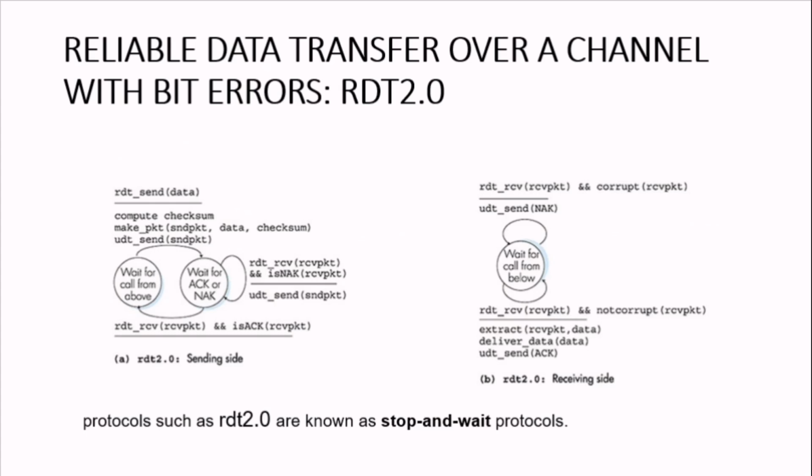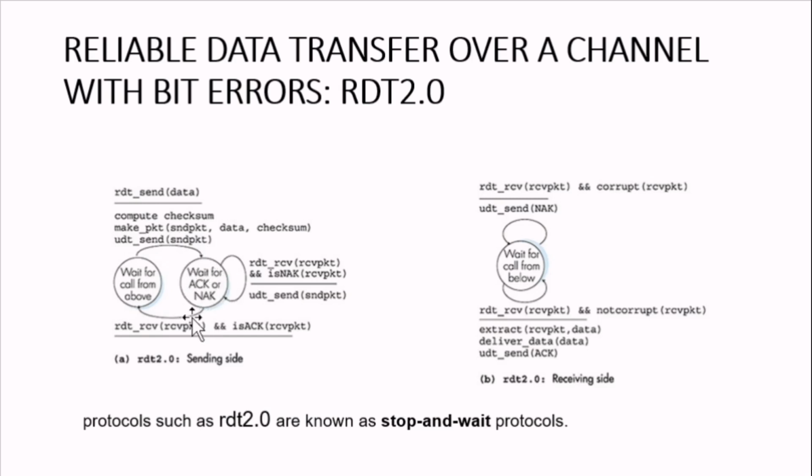So this figure shows how exactly RDT 2.0 works. If you look at this figure, this is the sender side. It added an acknowledgement or NAK.